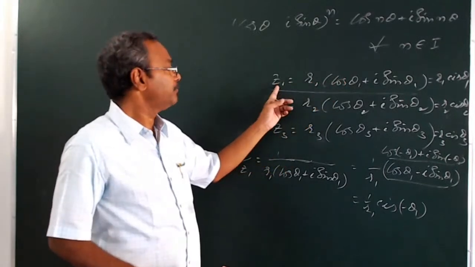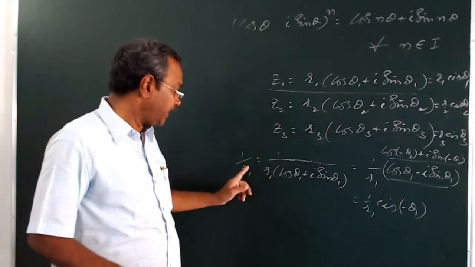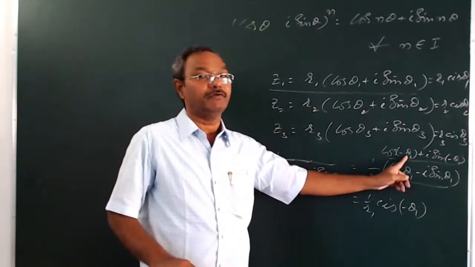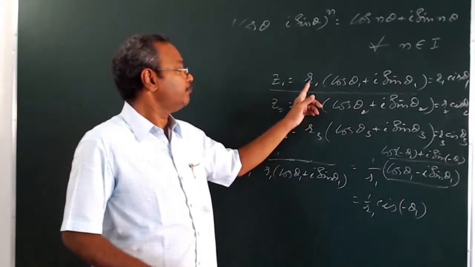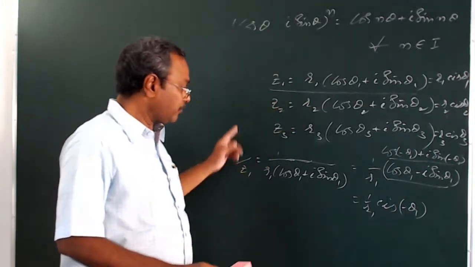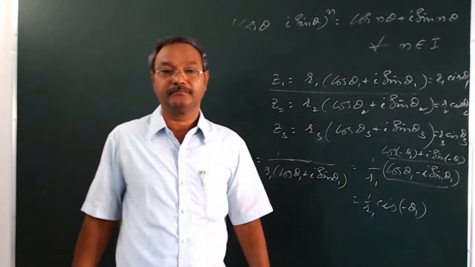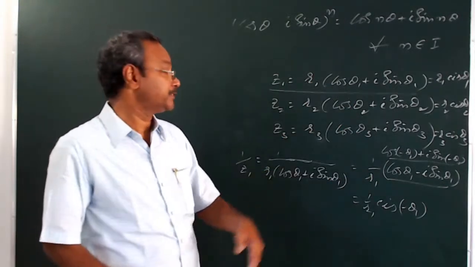If the amplitude of the original complex number is theta 1, the amplitude of its reciprocal is minus theta 1. If the modulus of the original complex number is R1, the modulus of its reciprocal will be 1 by R1. This is about the reciprocal of a complex number.